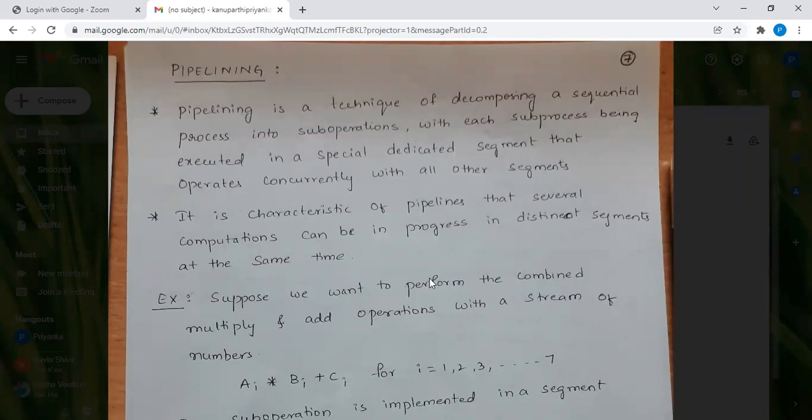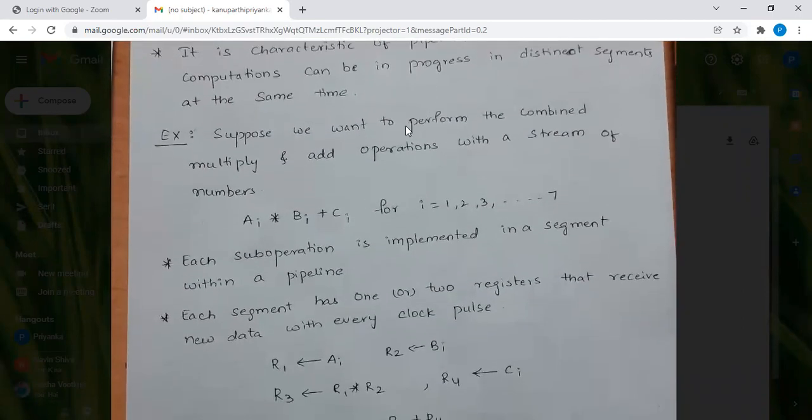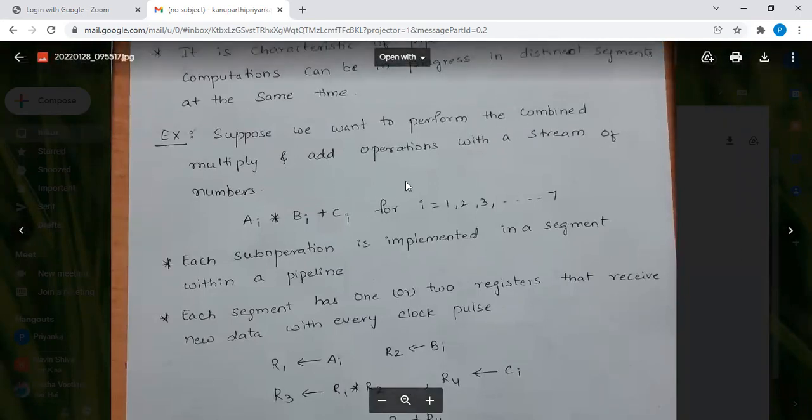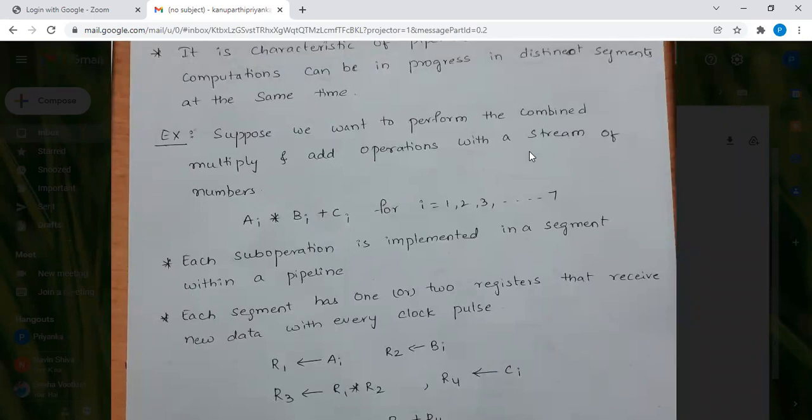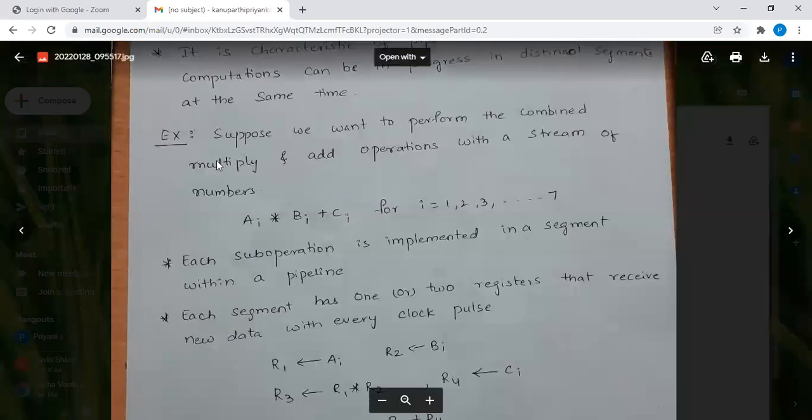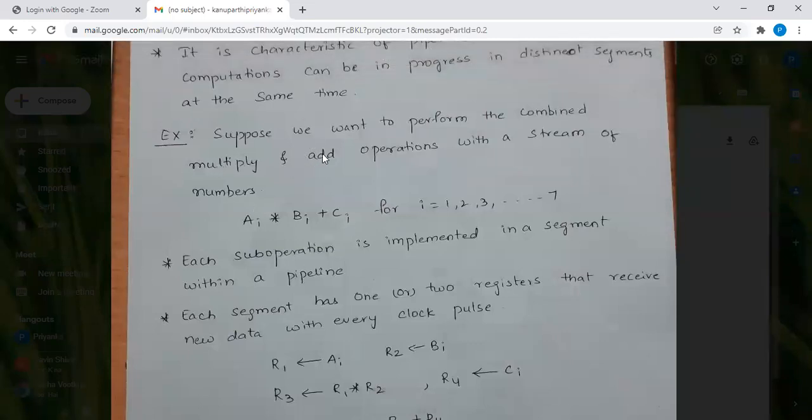Look at this example. Suppose we want to perform combined multiplication and addition operations in a single stream. You have an instruction in which you want to perform both multiplication and addition.